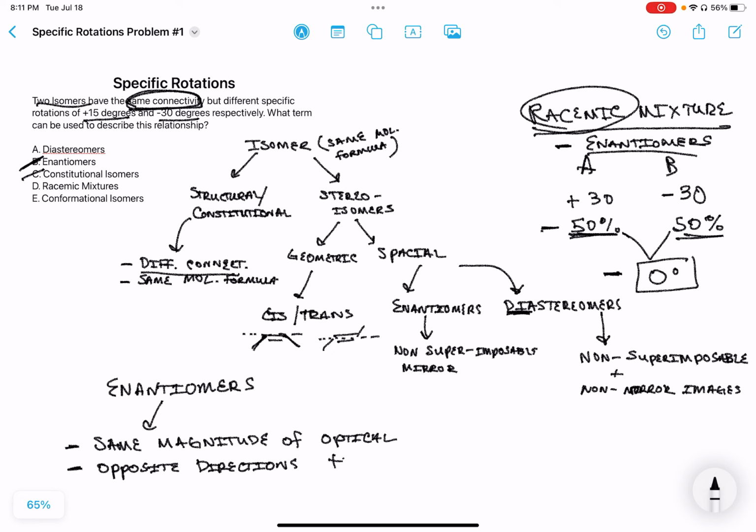So here we clearly don't have enantiomers, and we clearly don't have racemic mixtures. Lastly on our list are diastereomers and conformational isomers.